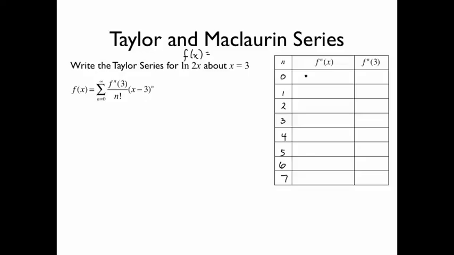So here's our function, f of x, natural log of 2x. The 0th derivative is simply natural log of 2x, the function itself. Taken at x equals 3, that's ln of 6.